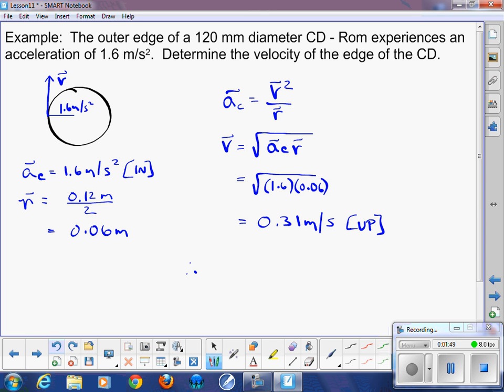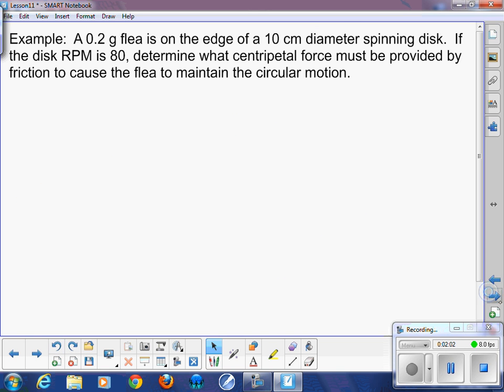All right, so therefore, our velocity is 0.31 meters per second up. Okay, so there we go. That is one example of using the formula for centripetal acceleration.